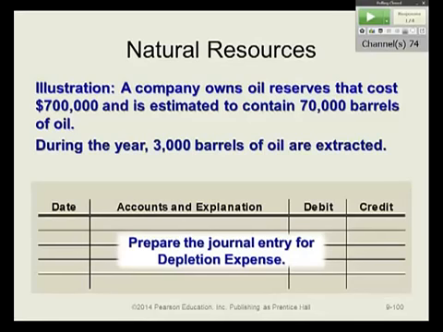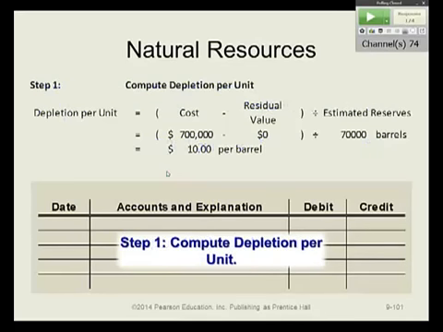So in this case, you have an asset that cost you $700,000. There are 70,000 barrels of oil expected, and during the year, 3,000 are extracted. When we use the units of output approach, you have to come up with a rate of depletion per unit produced. And it looks very much like straight line.